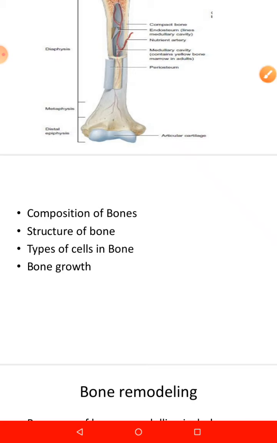Now, in terms of types of cells in the bones, a bone is actually a living tissue. It's not really dead because it has cells. These cells are the osteoblasts, the osteocytes, and the osteoclasts.